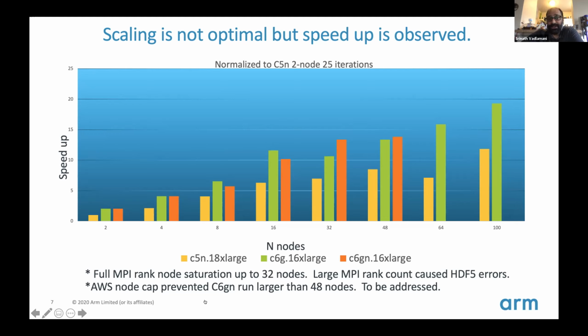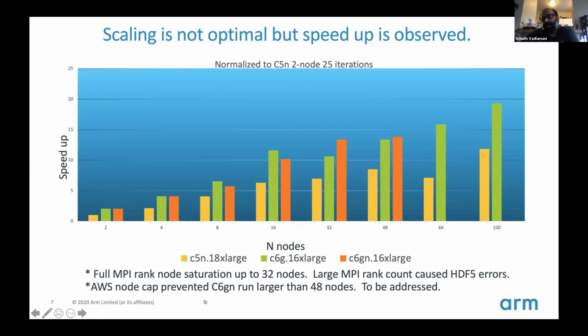In this case, completion is only 25 iterations, so it's just going through the initial phase of spinning up the fluid flow around the jet flow. Then, as we increase the number of nodes, we have a scaling comparison between the 3 platforms until we get to 64 nodes and 100 nodes.